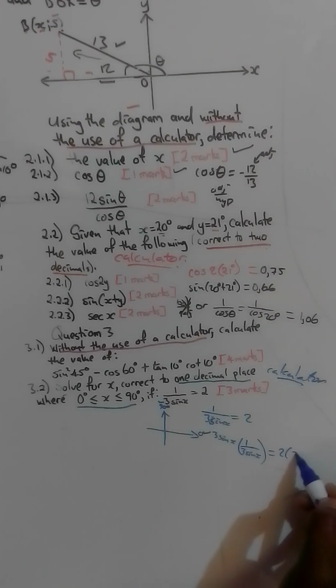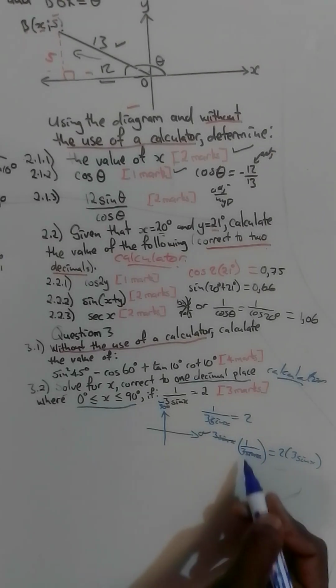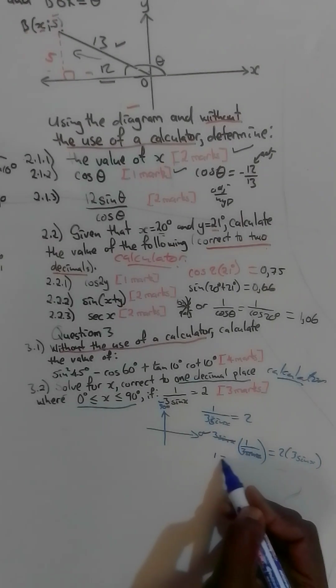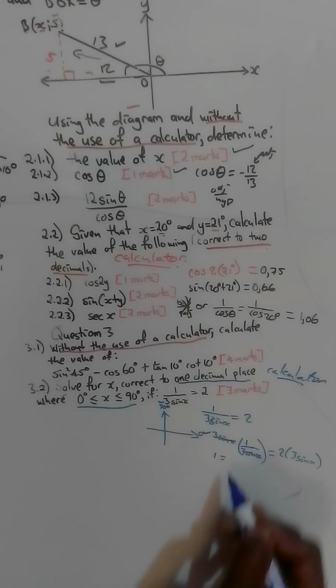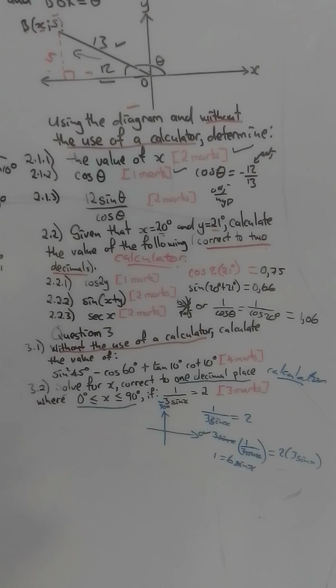So now this 2 multiplies with 3 sin x there, like that. Now this 3 sin x cancels out with that 3 sin x. In other words, here now I'm left with 1, which is equal to 2 multiplied by 3 is 6. So I've got 6 sin x.